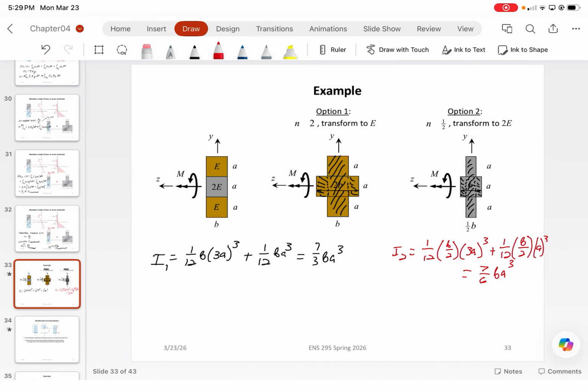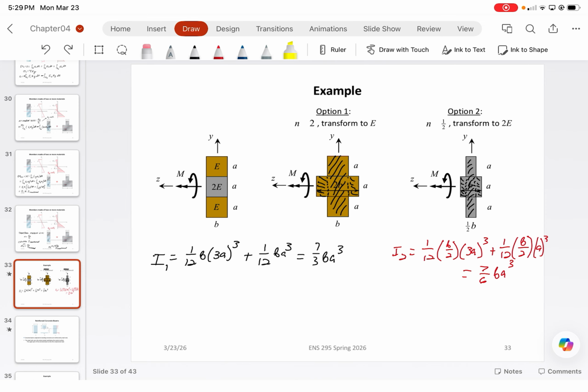All right. Now you guys might notice there's 2 second moment areas of inertia. Why is that? It's because each one represents a different material. Option 2 is going to be twice the elastic modulus of option 1. That's given from this 2E term right here. So we know that the gray highlighted is about twice as stiff as option 1.